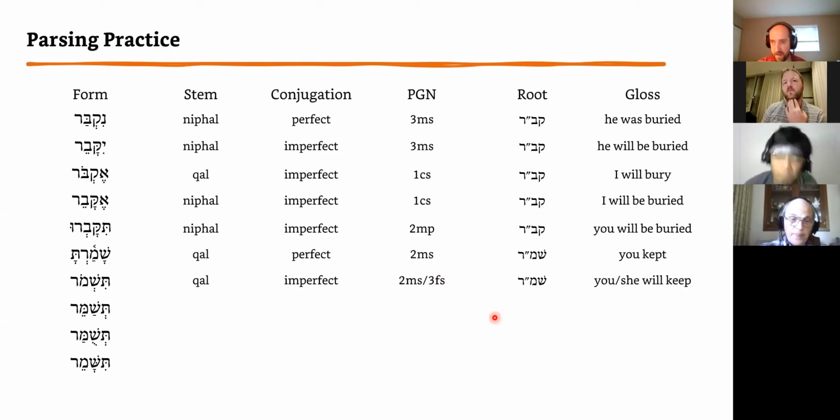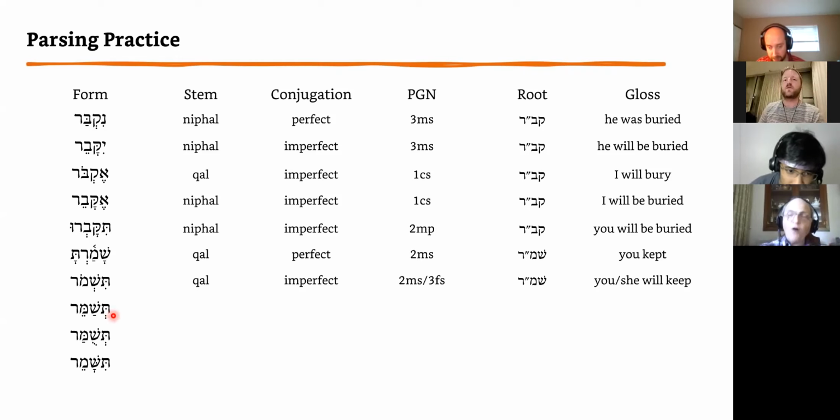And if it's second masculine singular, it'll be you will be kept. We remember we're gonna give it the modern Hebrew meaning of preserve. You will preserve.